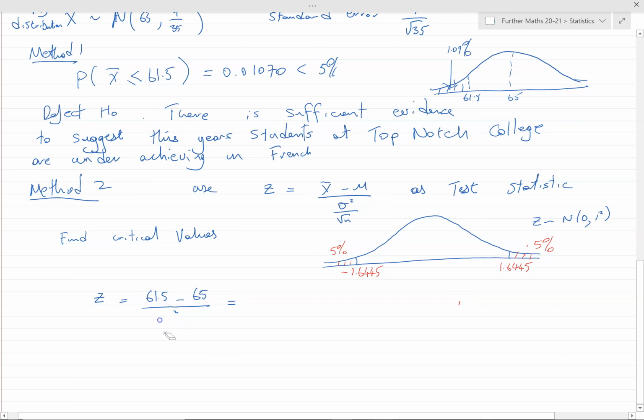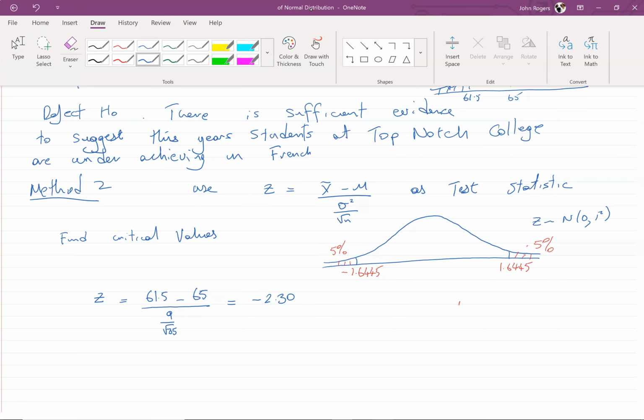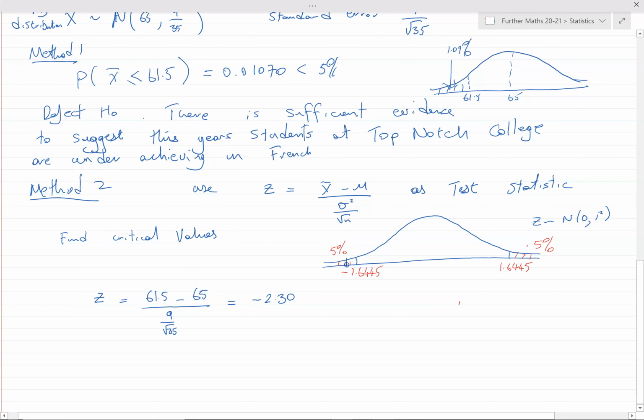We're assuming the standard deviation is equal to 9, so the standard error is 9 over the square root of 35. So that comes to minus 2.30. Okay, and minus 2.30, we're obviously in this part here, so we're down here.